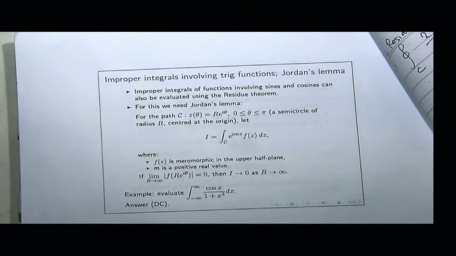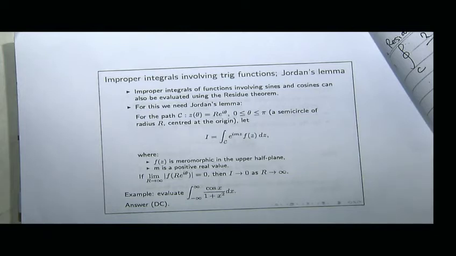For this we need Jordan's lemma. For the part C, which is capital R e to the I theta, a semicircle of radius r centered at the origin, let I be equal to the integral of e to the I m z f of z dz, where m is a positive real value.